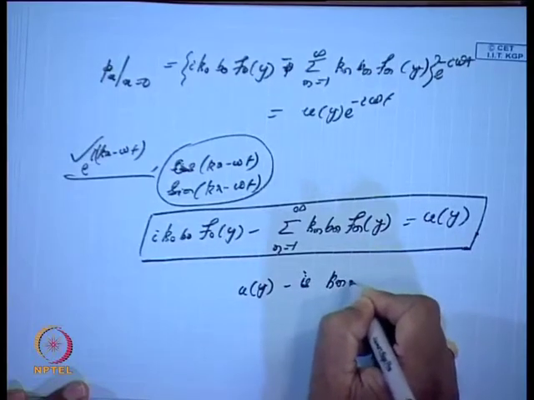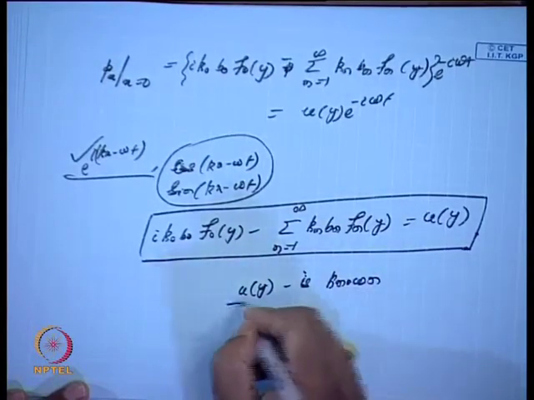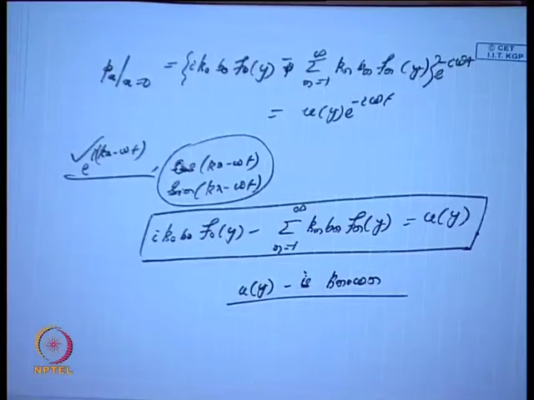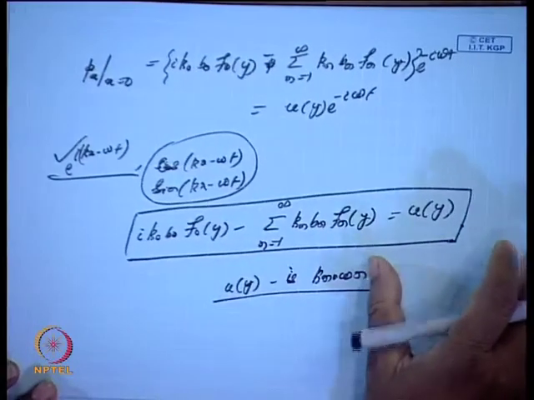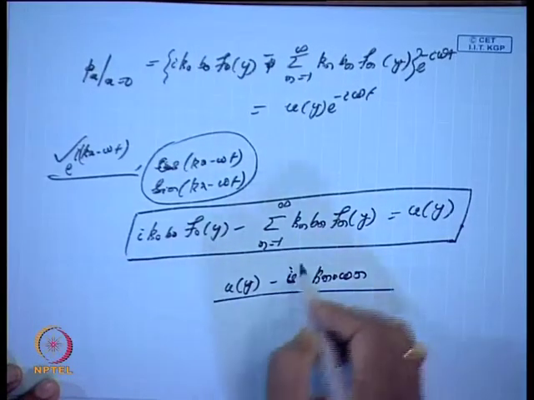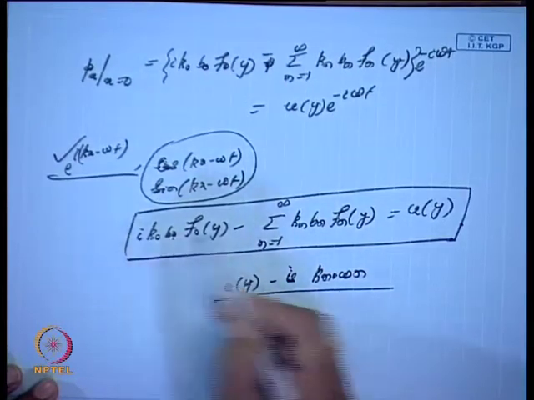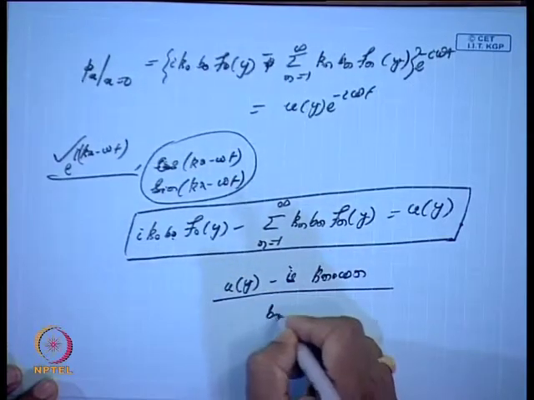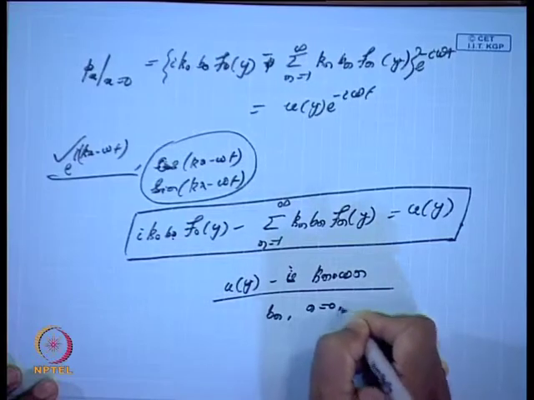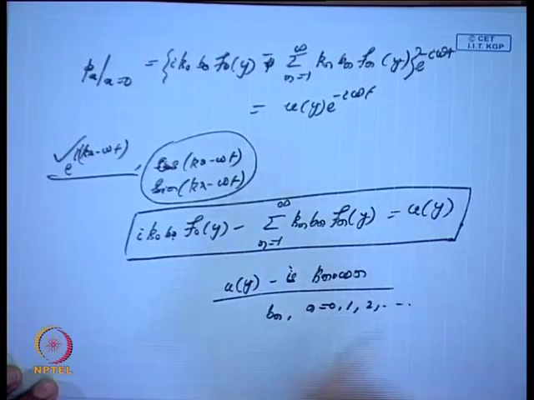I am looking at a wave radiation problem, so I know how the wavemaker, the structure, is oscillating at x is equal to 0. So, if u y is known, I have so many unknowns, b naught and b n's, n is equal to 0, 1, 2. I need to obtain them.